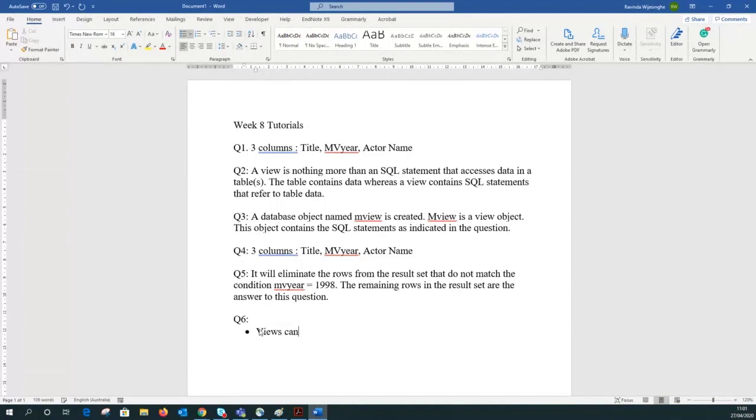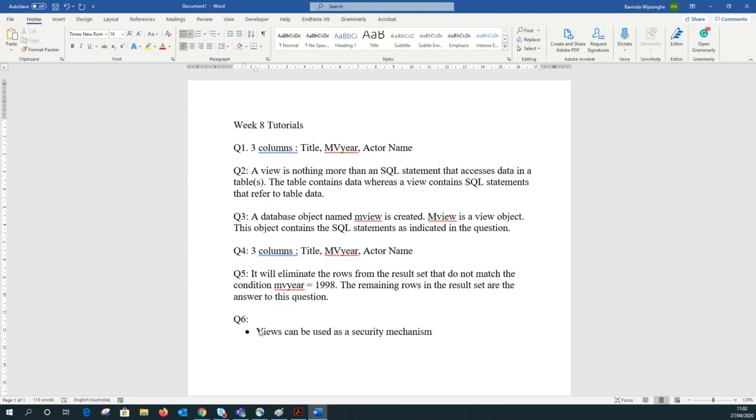Now remember, I explained last week: if you have a table with many columns, we don't want to give each and every employee access to all these columns, isn't it?